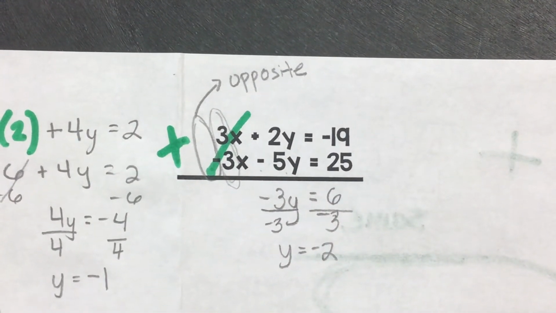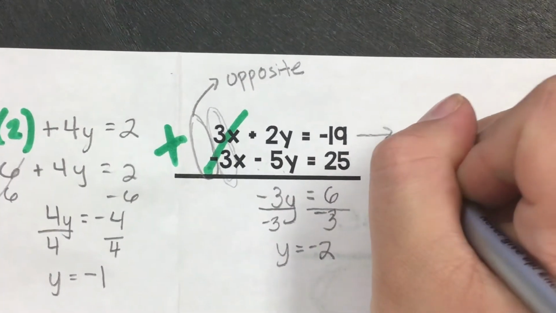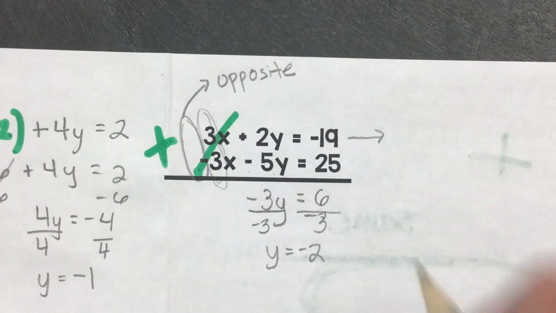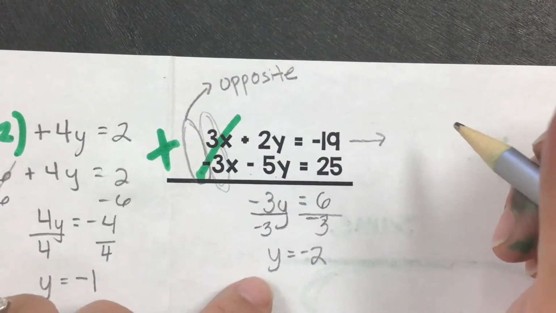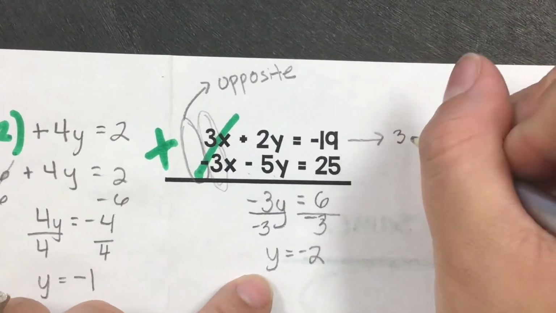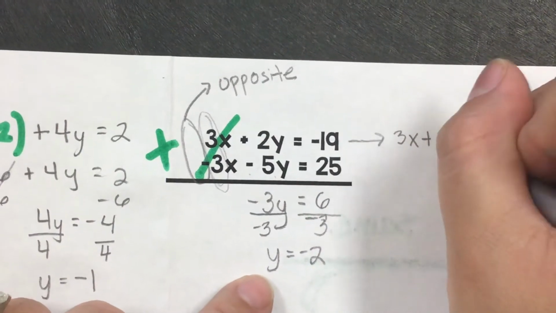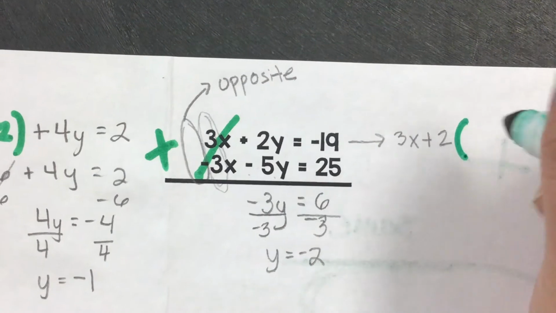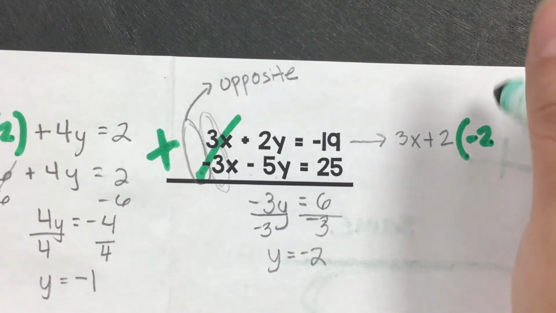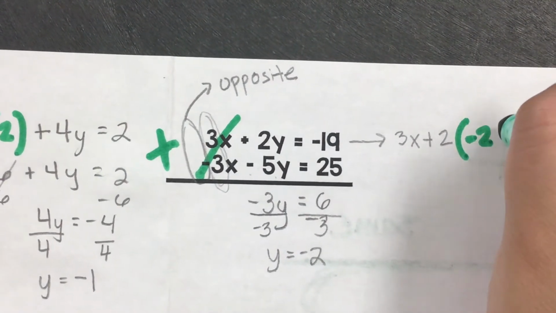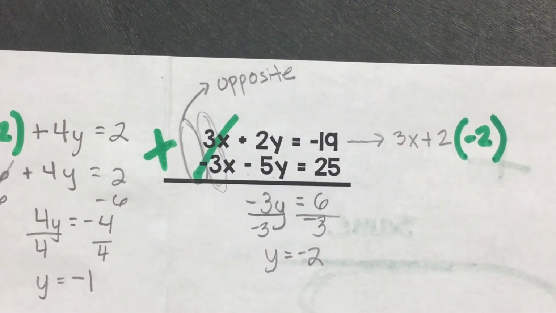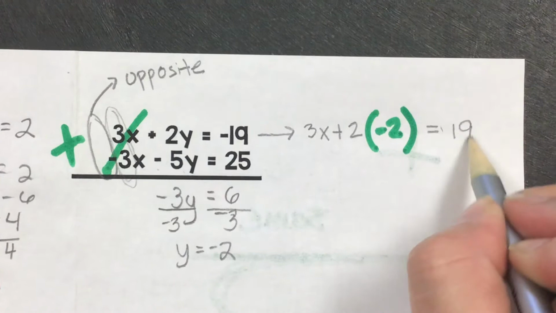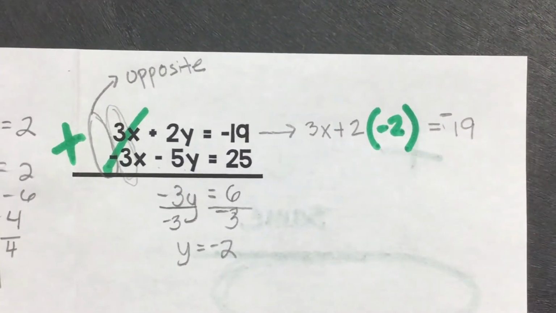We still need the x value, so we're going to take the first equation. It really doesn't matter if you take the first or the second equation, but we're going to plug in the value. I have 3x plus 2, and our y value is negative 2, and that equals negative 19, sorry about that.